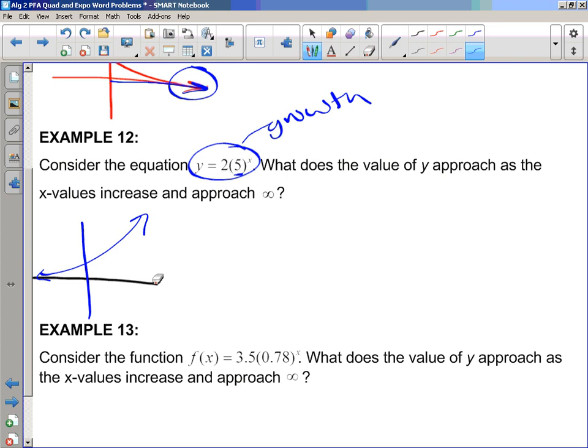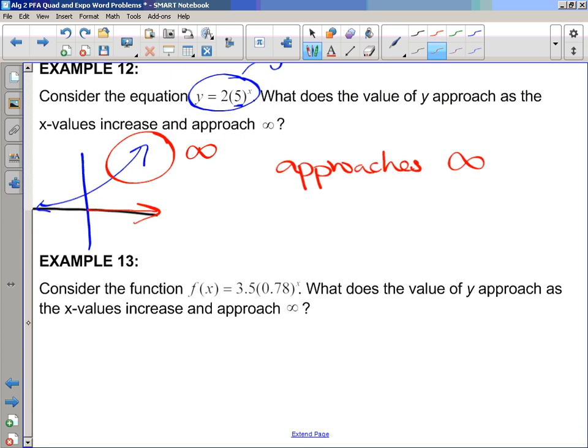We're looking for what happens to the y values as the x values increase. So that's looking at the right side of the graph. It's pointing up. That means it's approaching infinity. That's it. Next one.